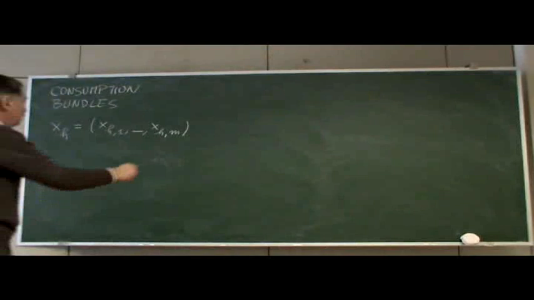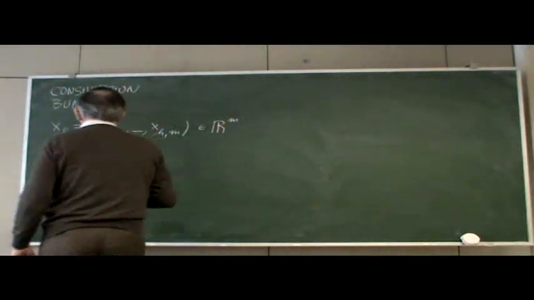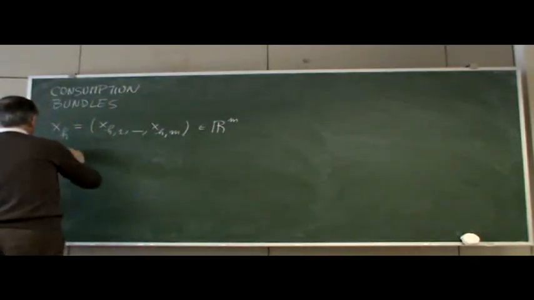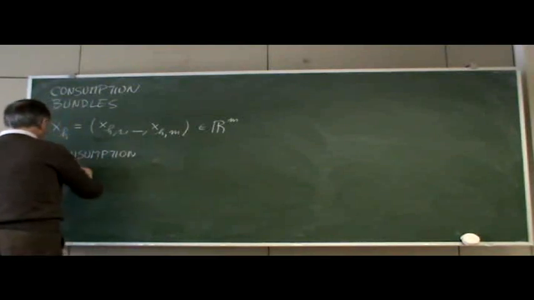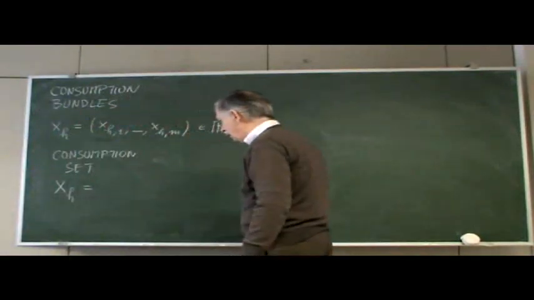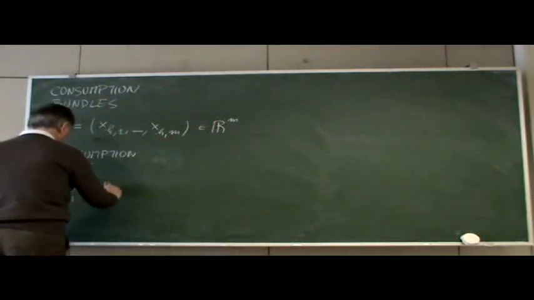The set of all possible elements of the n-dimensional Euclidean space which are consumption bundles, you remember by Pacini, is the so-called consumption set, which we shall denote by large X with H, which is a subset of the n-dimensional Euclidean space.